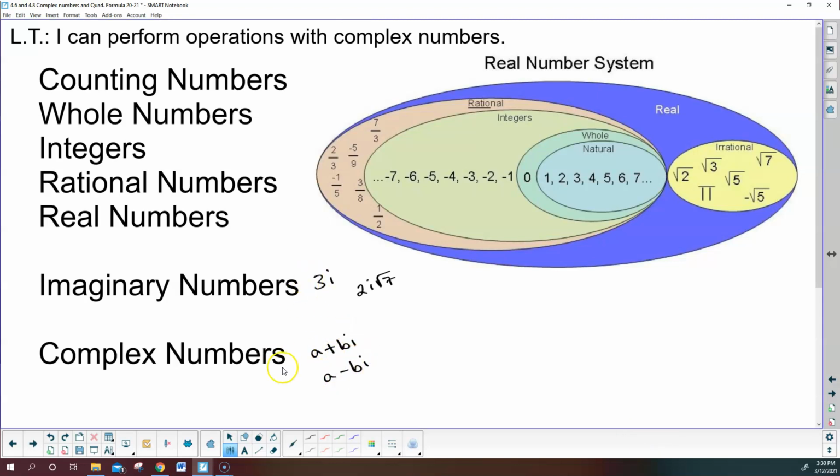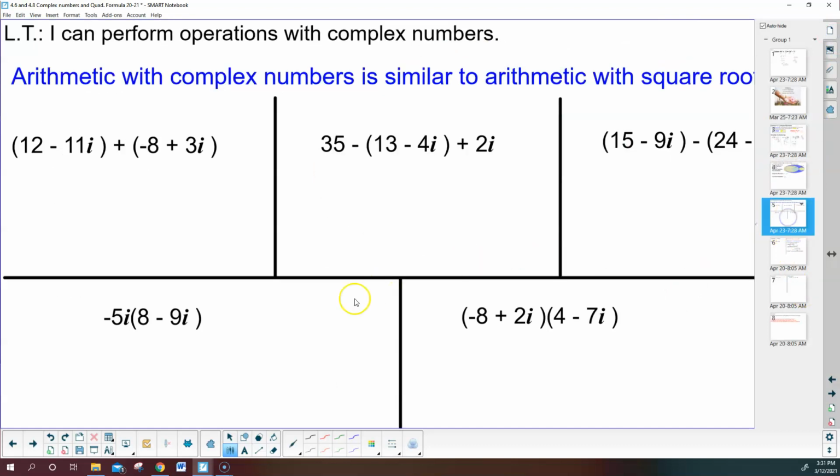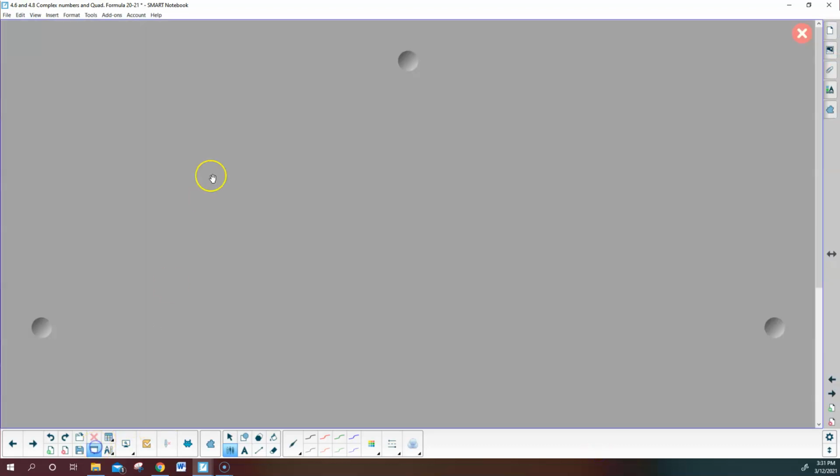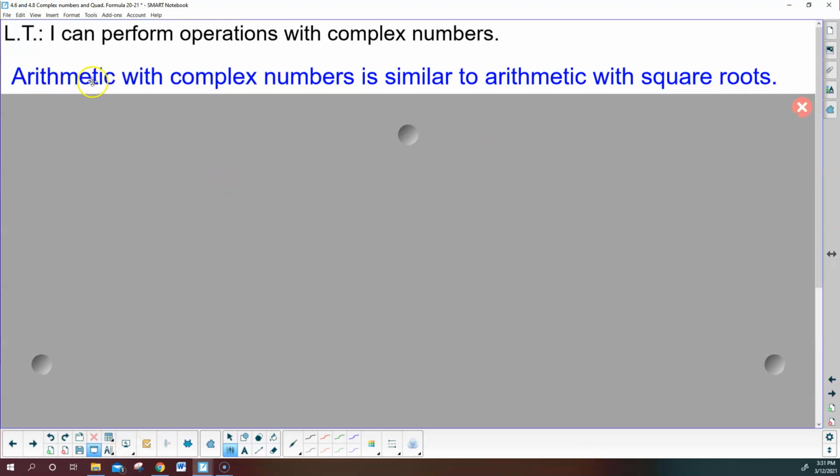So it's just adding the real plus the imaginary pieces together. So this just hopefully gives you an overall idea of where these numbers fit in. And imaginary numbers are outside of the real number system. Okay, so our first goal here is to do arithmetic with complex numbers.